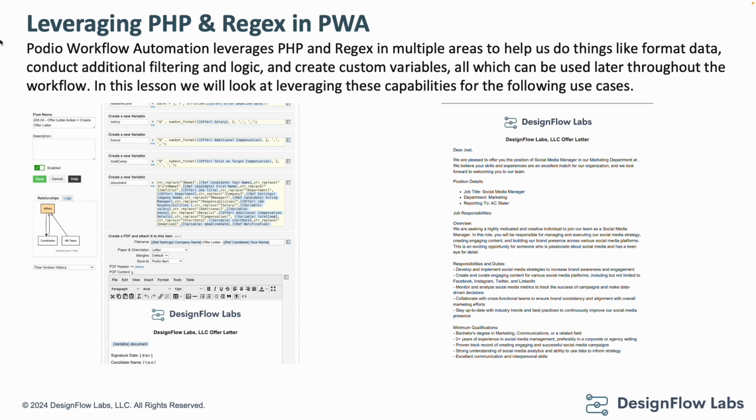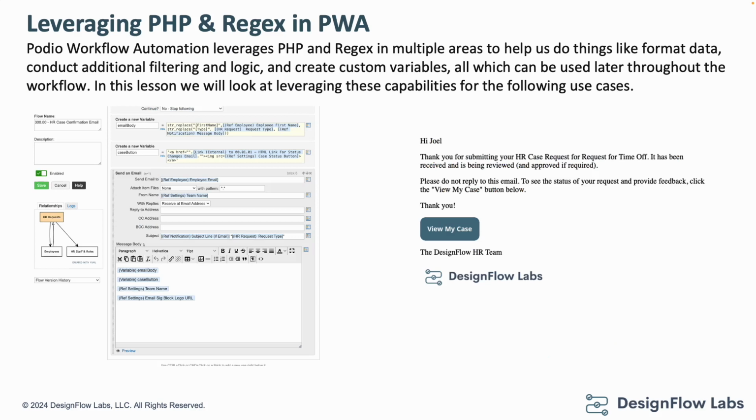So again, you can see the use here of these different variables as it relates to creating a PDF. And then we were able to leverage all of those custom variables to create this really nice looking PDF that was ultimately routed through RightSignature, signed, and then brought back into Podio to kick off the next steps.